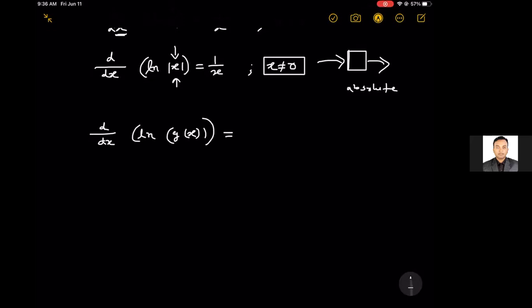Let's say I have any function of x. It could be anything. It doesn't need to be a solo x like this. So if I use the chain rule, can you imagine what might happen? Anyone? Use the chain rule.